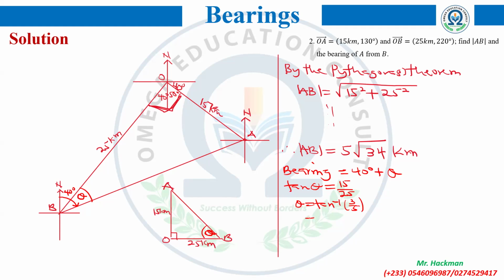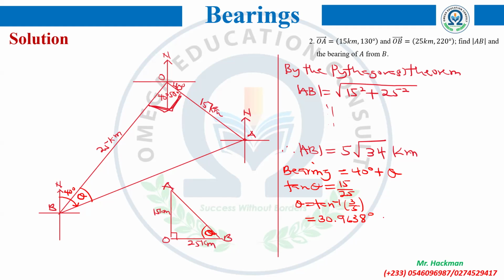Use your calculator to find theta for me. Tan inverse of 3 on 5. I'm waiting. 30.9638 to 4 decimal places.